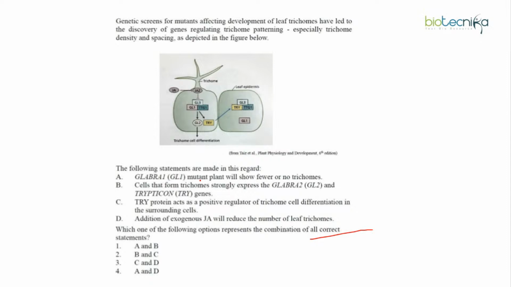So glabra 1 is considered a central regulator of the development of trichomes, and it can directly activate the other genes which are needed for the development of trichomes. Glabra 2 is a transcription factor, and it also plays a very important role in trichome cell fate determination.